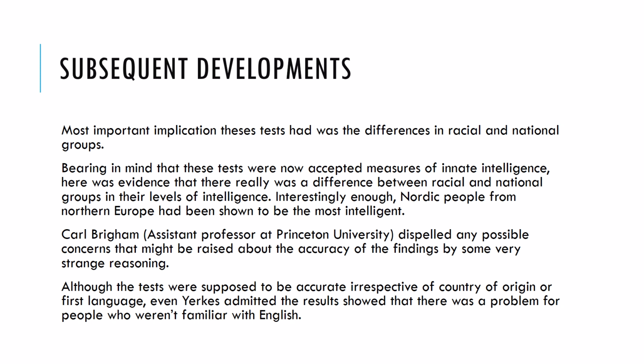This research was also used in a negative way by other people. Carl Brigham was an assistant professor at Princeton University. He treated this as evidence in a book, which was really propaganda for racism. The book dispelled any possible concerns that might be raised about the accuracy of the findings, using some quite strange reasoning.